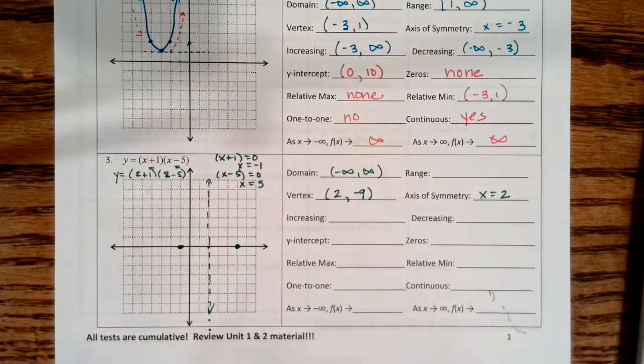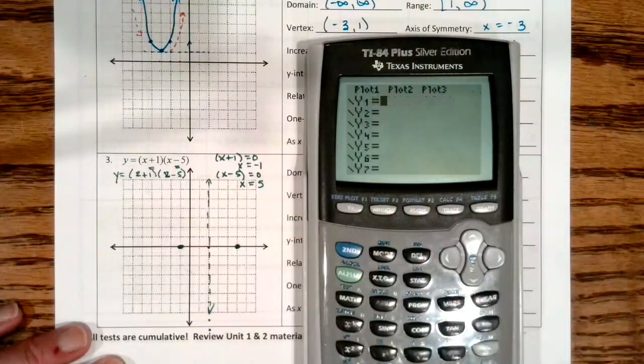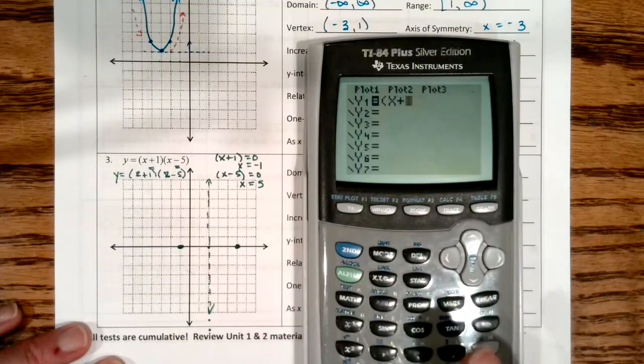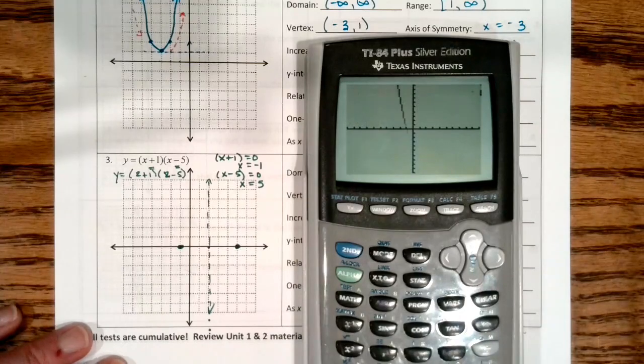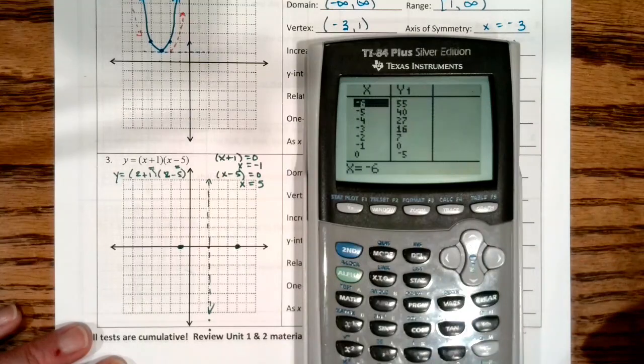If I'm unsure about that, I can always go to the graphing calculator. I can always enter in (x + 1)(x - 5). I can look at the graph, and I can look at the table of values.